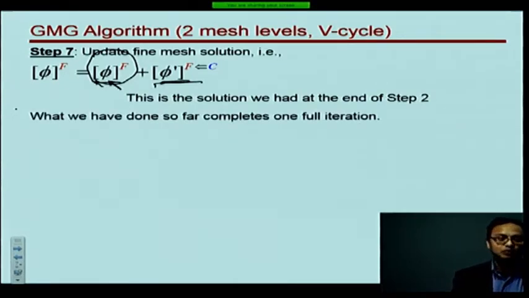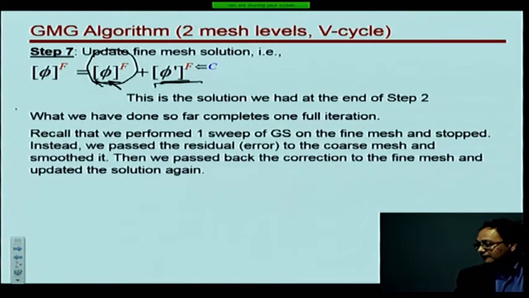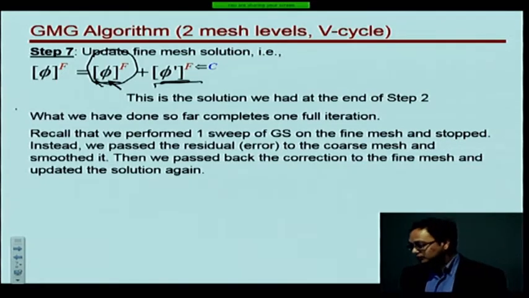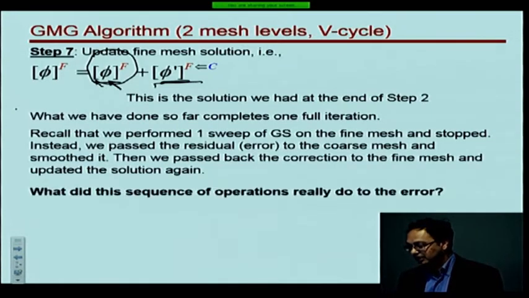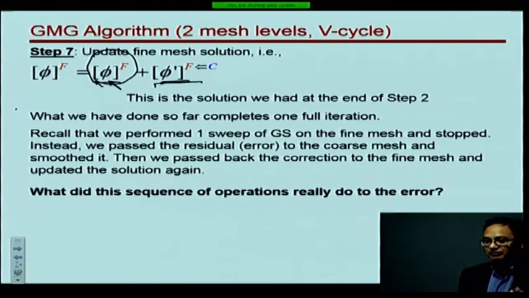So we performed one sweep of Gauss-Seidel on the fine mesh and stopped. Instead, we passed the residual to the coarse mesh, and then we are bringing back the correction again. So what did this sequence of solutions really do to the error? That's the next question. Fine, you're doing all this fancy stuff, all these acrobatics, but what did it really do to the error?